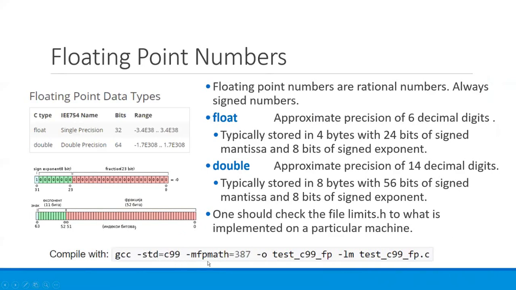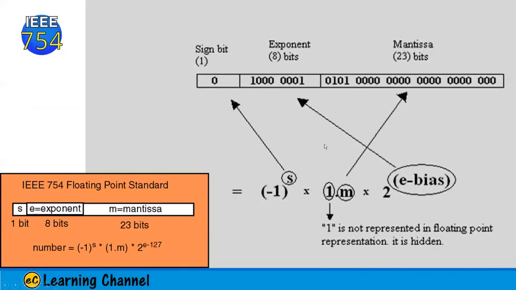So actually you can do that, and you can do this dash std equals this, and then something like that. Okay. So you have this. You can also include the limits header for the maximum and minimum numbers for floating point numbers.